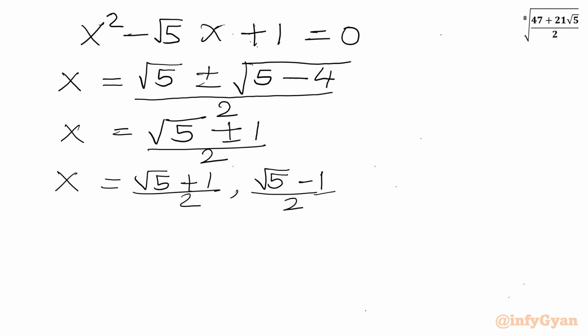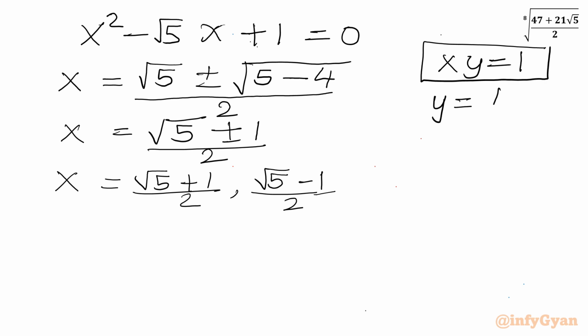So I will calculate the value of y. Our relation was xy equal to 1. This was our equation. So y can be written as 1 over x. So I will write here y value. It will be equal to 1 over x. Okay, let's find out. So I will write 1 over root 5 plus 1 over 2.